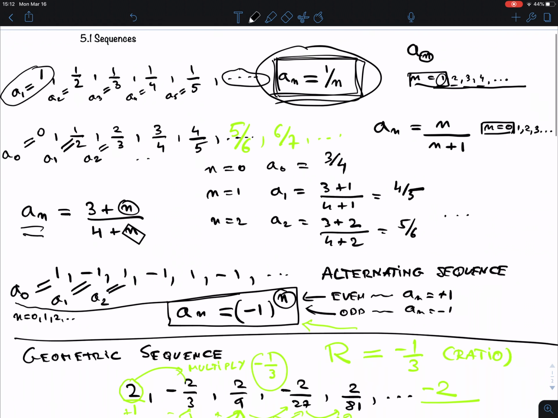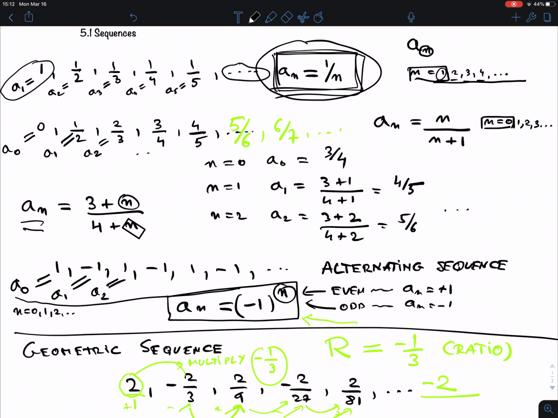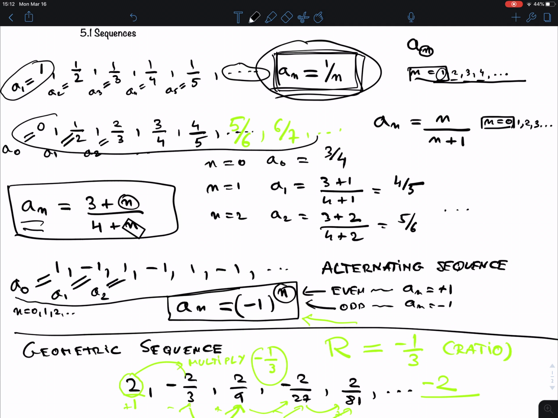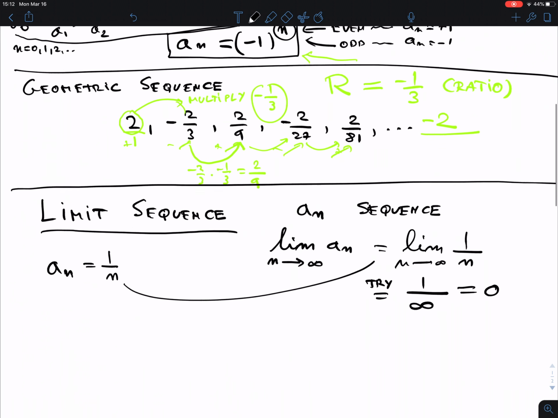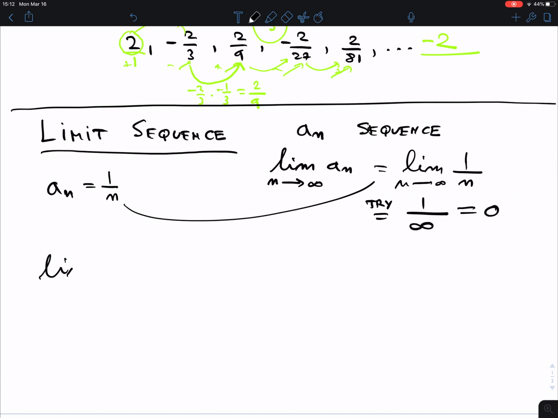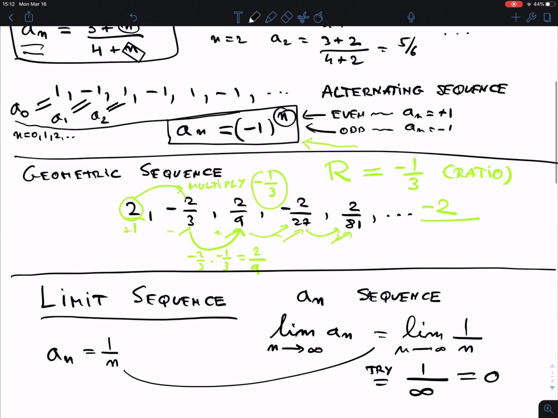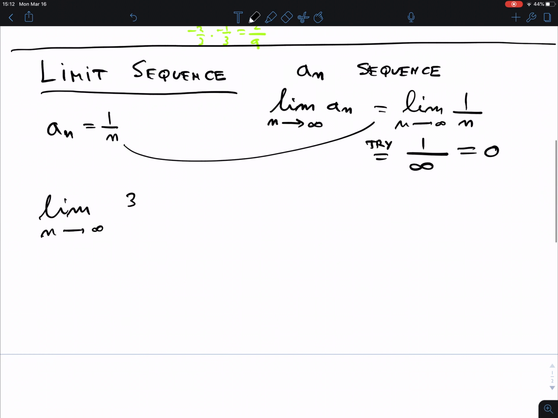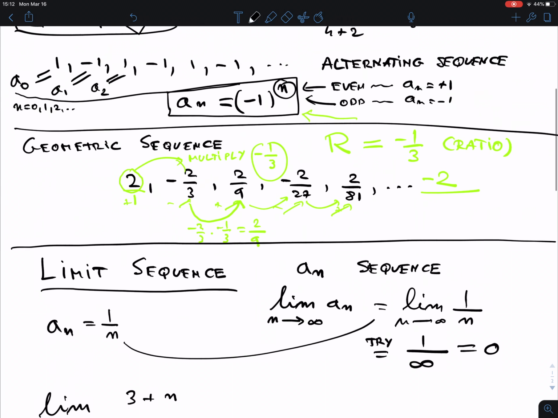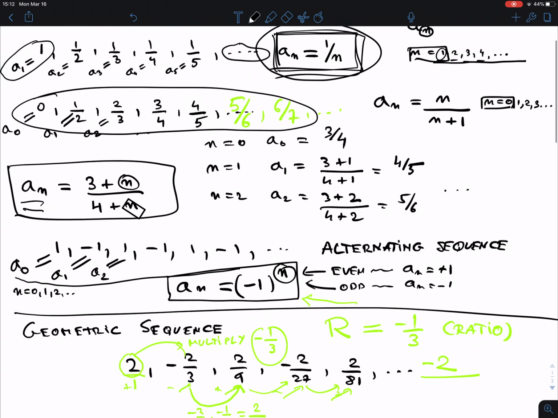Let's look at the other sequence. The second sequence we had is this one. What's the limit there? You can see that it's perhaps a little bit harder to guess here. So let's try to figure it out. Sorry, I was pointing to the wrong one.